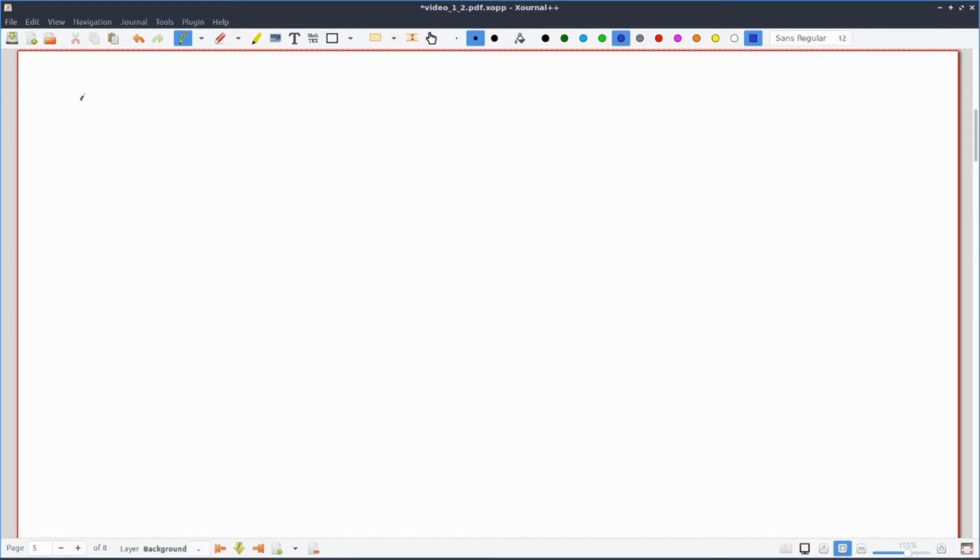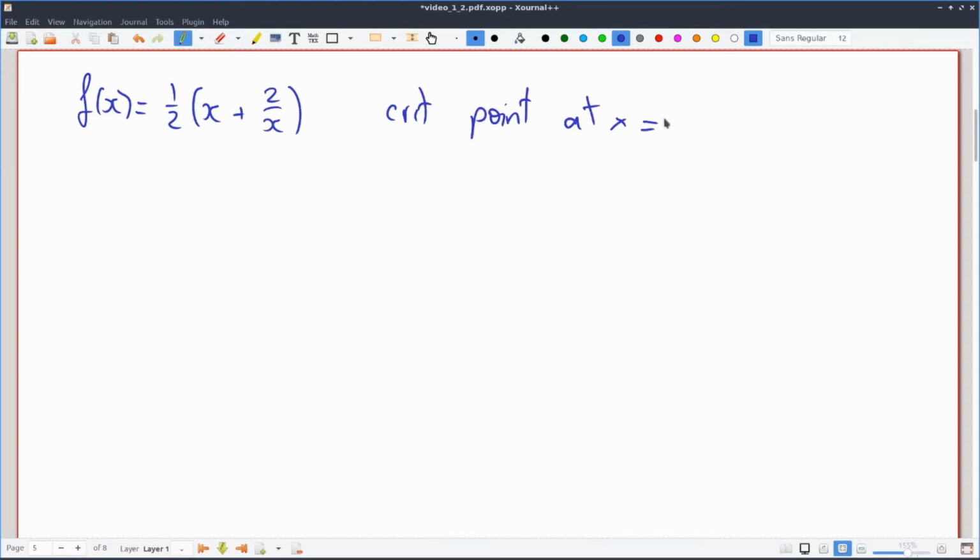So that means, remember that f of x was this 1/2 times x plus 2 over x, and we said the critical point is at x equals root 2. So what do we get as the critical value at root 2? That's going to give us 1/2 times root 2 plus 2 over root 2.